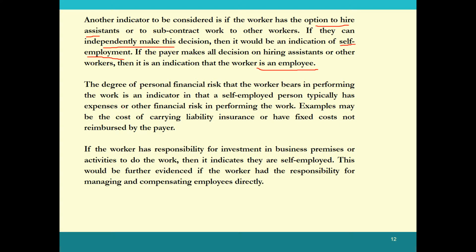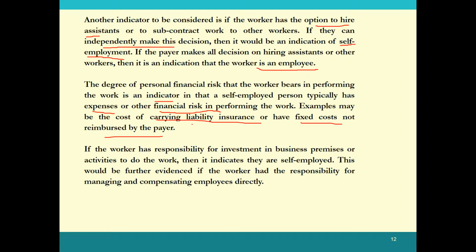The degree of personal financial risk that the worker bears in performing the work is another indicator. A self-employed person typically has expenses or other financial risk in performing the work. Examples may be the cost of carrying liability insurance and having a fixed cost not reimbursed, like given back by the employer.